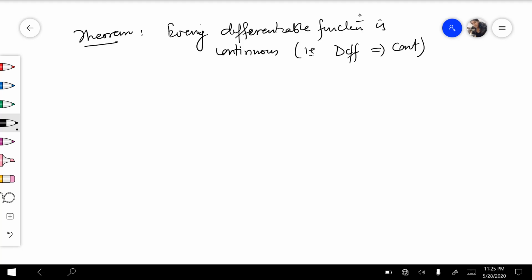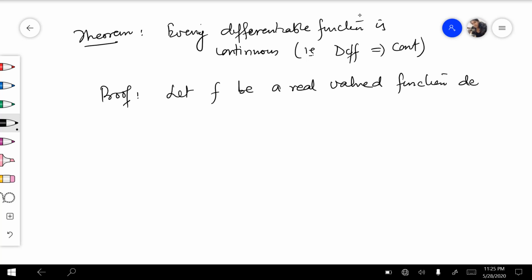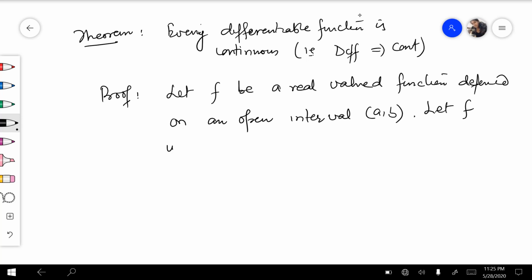For this, what we have taken: let f be a real valued function defined on an open interval (a, b). Let f be differentiable at x equals c belonging to (a, b).